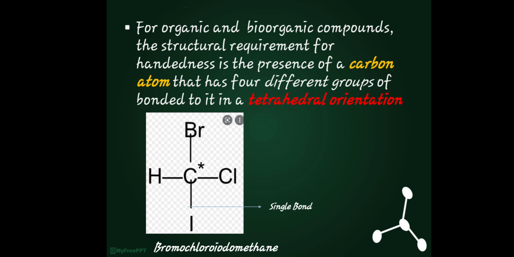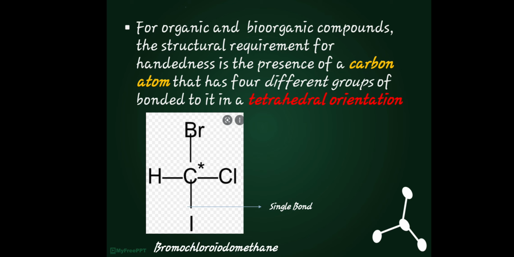Meaning a compound has chirality, or handedness, if it has a carbon atom with 4 different groups bonded in a tetrahedral orientation. What are those? We have 4 elements: bromine, hydrogen, iodine, and chlorine. And with single bonds, it possesses handedness.